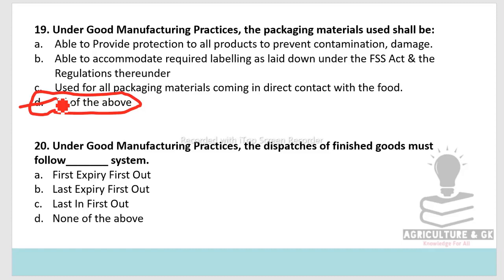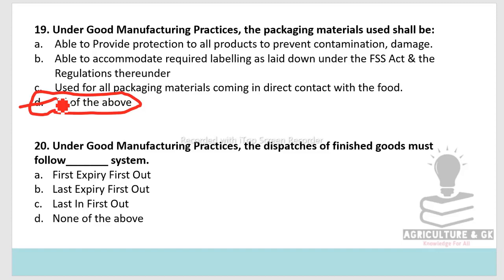So the next question is, under good manufacturing practices, the dispatches of finished goods must follow blank system. First expiry, first out, last expiry, first out, last in, first out. So when we dispatch the goods, which system should be followed under GMP?